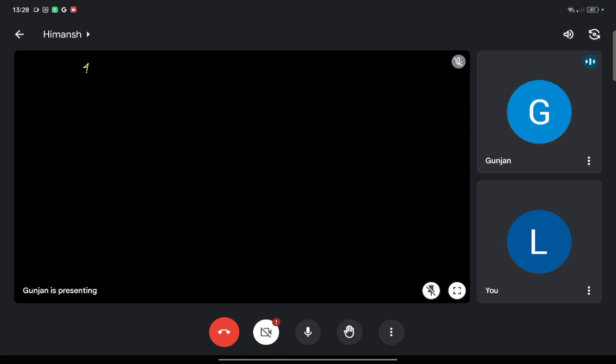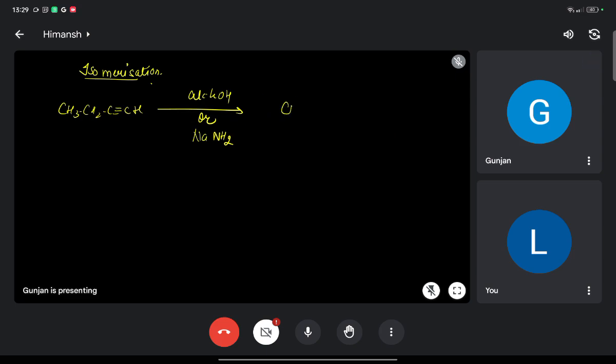There is another topic also in this only, isomerization. Isomerization means if we are heating one type of alkyne with alcoholic KOH, or if we are using NaNH2, any of the two, the triple bond will be shifted.